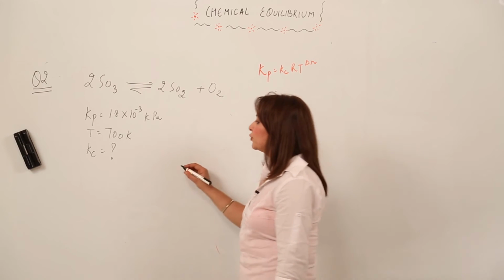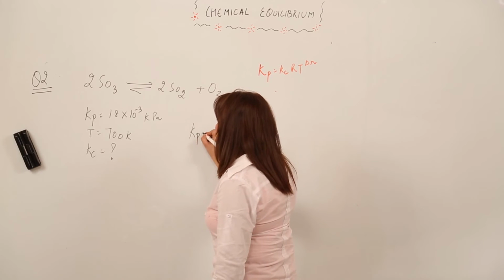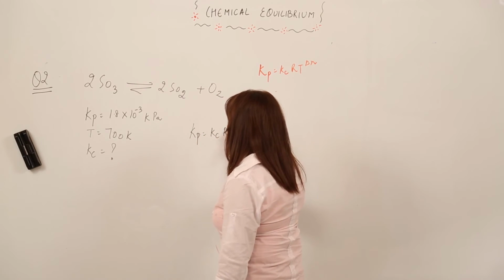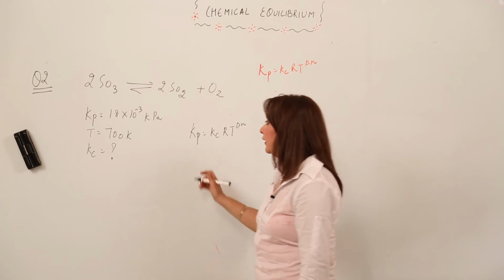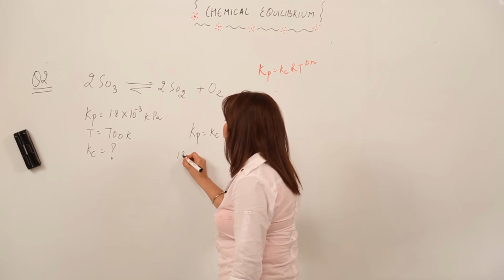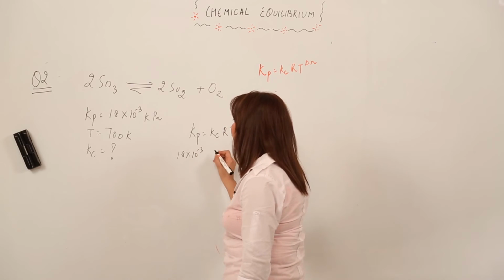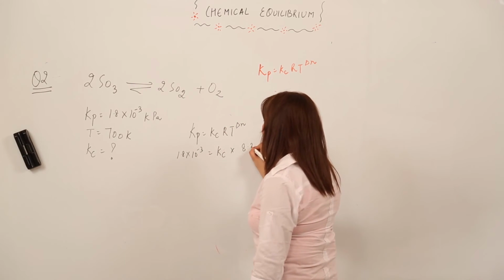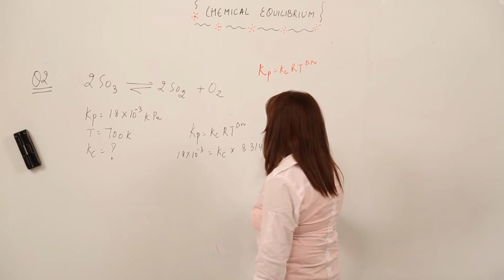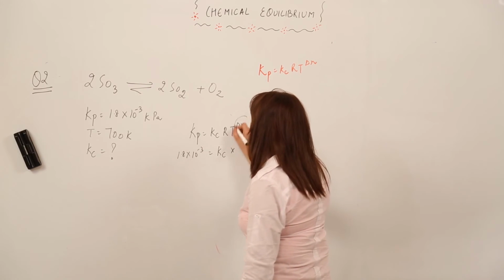So what we are going to do is use the relation Kp is equal to Kc (RT) raised to delta n, right? I am putting the values in this relation. Kp is 1.8 into 10 raised to the minus 3, Kc we have to find out, R comes out to be 8.314, temperature is 700, and delta n we are going to calculate.